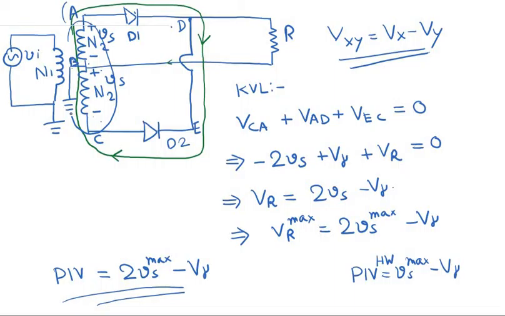So the total number of windings of this secondary coil is basically 2n2. Okay, and so we have n2 number of windings here, and we have another n2 number of windings here. So this is also a disadvantage because generally when we have a higher number of windings, this makes the transformer bulkier, or it increases the weight of the transformer. So these two are basically the disadvantages of this full wave rectifier circuit.